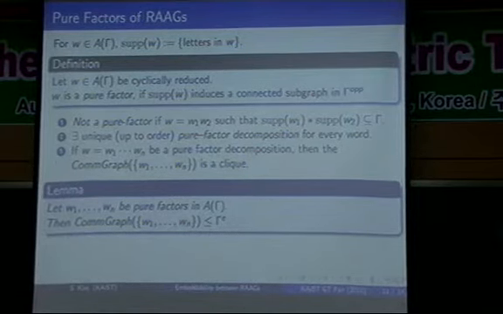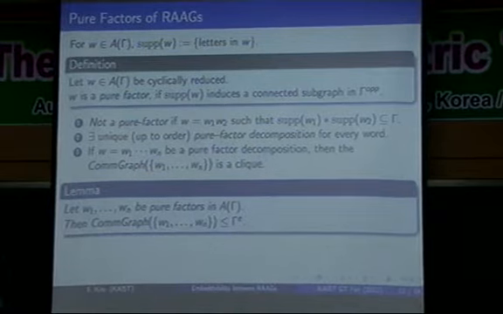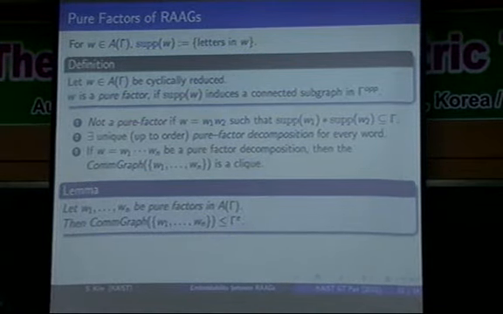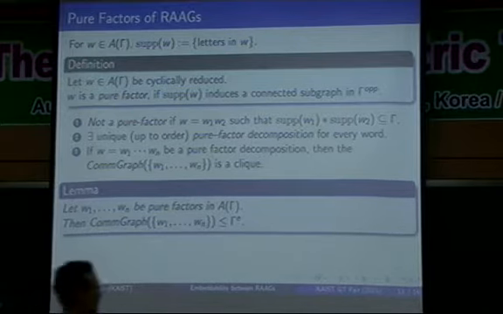So this is the key lemma. Again, recall, given a gamma, we do the doubling process forever to get gamma extension. And we're claiming that if we have certain pure factors in a given Artin group, the commuting relations between pure factors will be encoded somewhere in that extension graph.